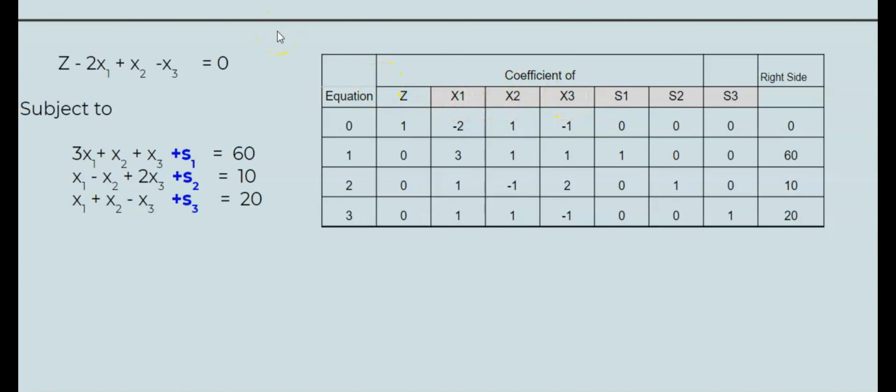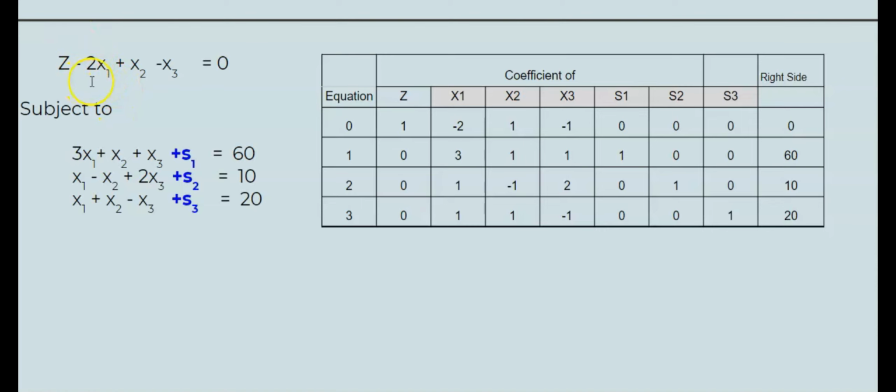Now let's go ahead and talk about the table. In equation 0, I'm putting just the coefficients into each of the columns. For my z column, I'm putting in 1 because there is a 1 in front of that z. For x1 in equation 0, the coefficient is negative 2.